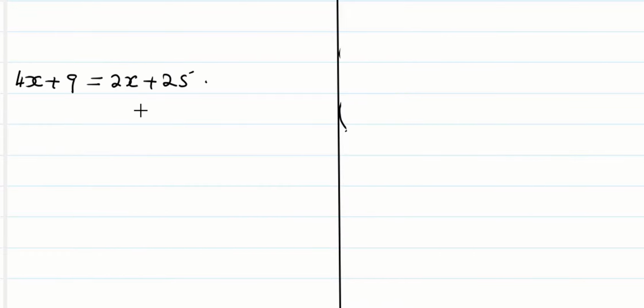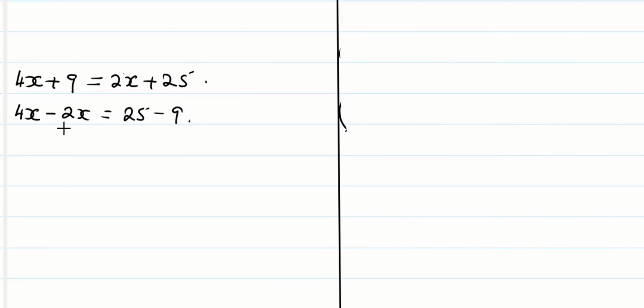So now I'll move the 2x on the left side and the 9 on the right side of the equal sign. Then it becomes 4x. This 2x here was positive, so on the other side it will be minus 2x is equal to 25. This 9 here was positive, so on the other side it will be negative, so it will be negative 9.